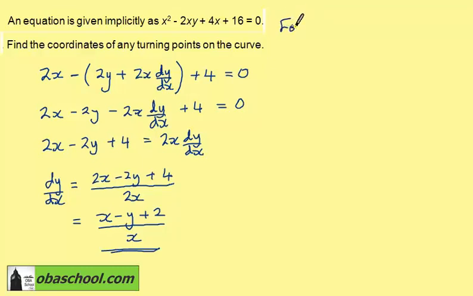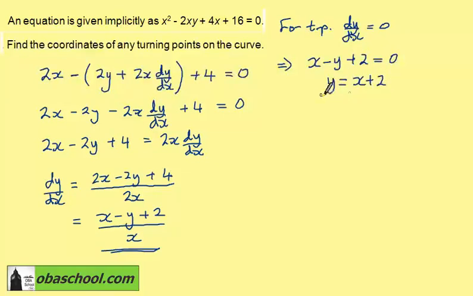For turning points, we require dy/dx to be equal to 0. And here that means that x minus y plus 2 is equal to 0, and therefore y is equal to x plus 2.